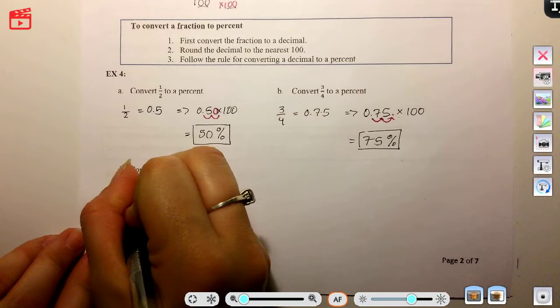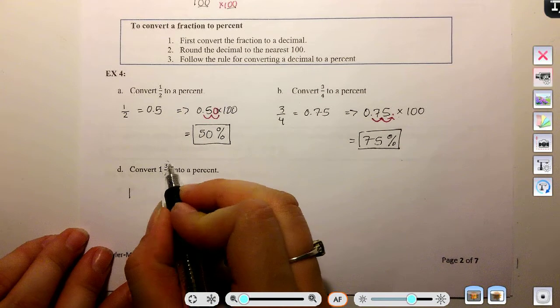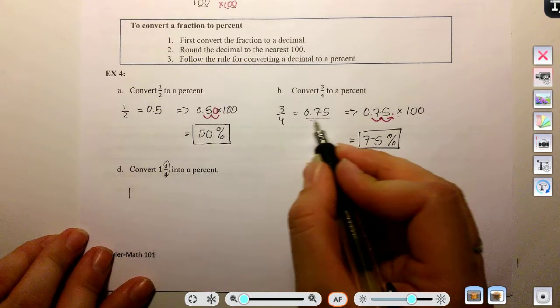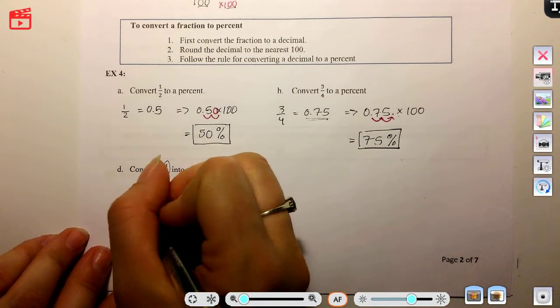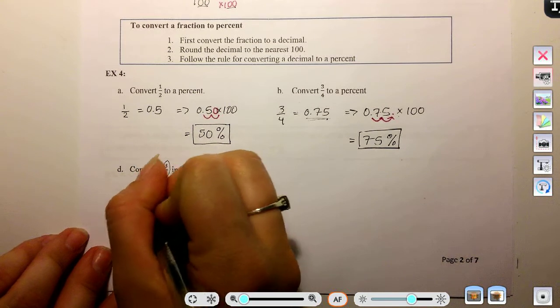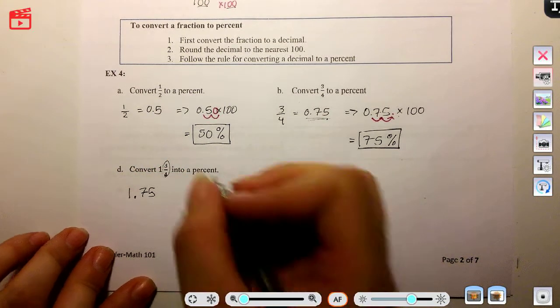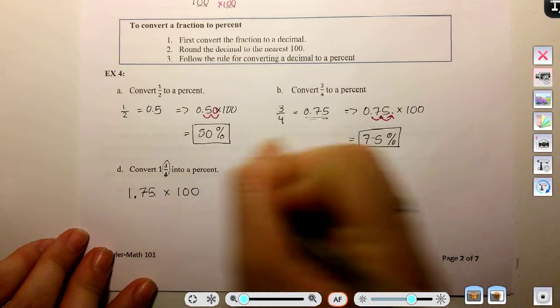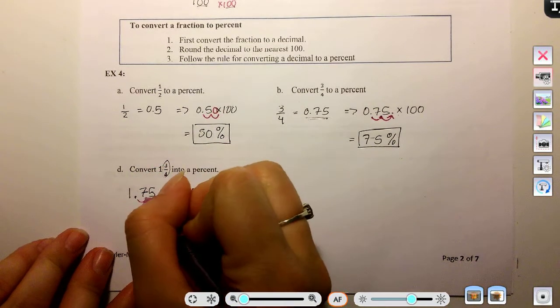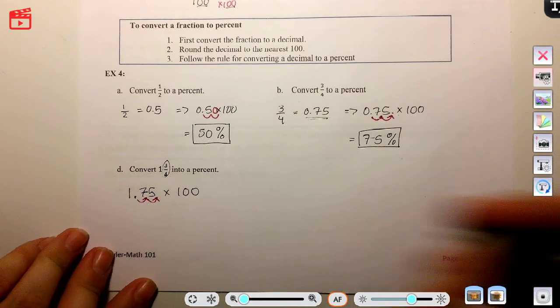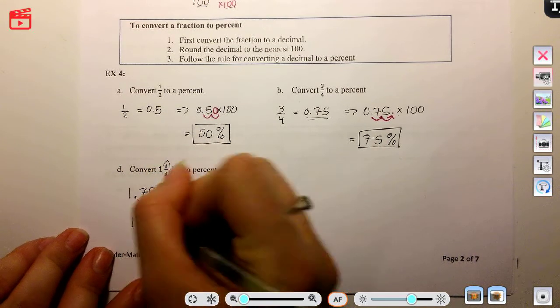So that's going to be 1, and what is 3/4? We already know 3/4 was 0.75. So that's 1 and 0.75, so 1.75. We're going to multiply that by 100, move the decimal over twice, and our answer is 175%.